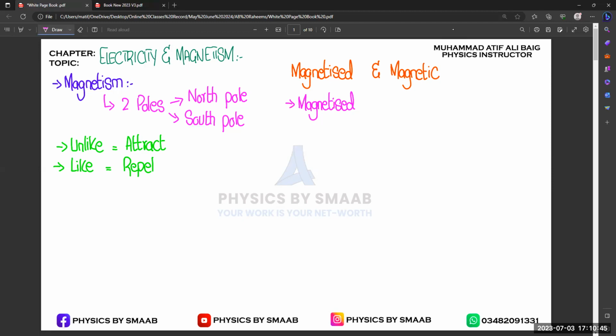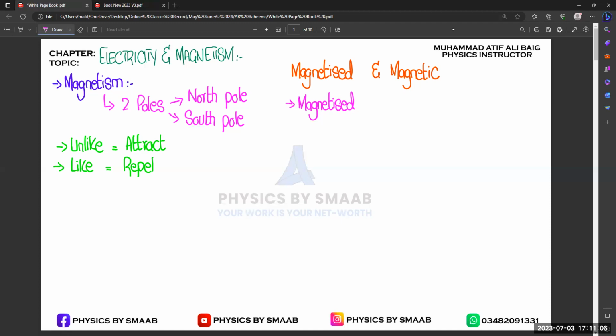The piece of iron is going to attract towards the magnet. So iron is a magnetic material and the magnet is a magnetized material, because it has its own magnetic property and its own north and south pole, so it can easily attract and repel.